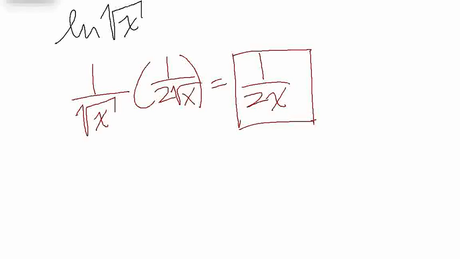Would you please do one more example? Try to calculate the derivative of the natural log of 1 over x. Okay, so pause the video and do that now, please. All right, so I'll go ahead and do it as well.